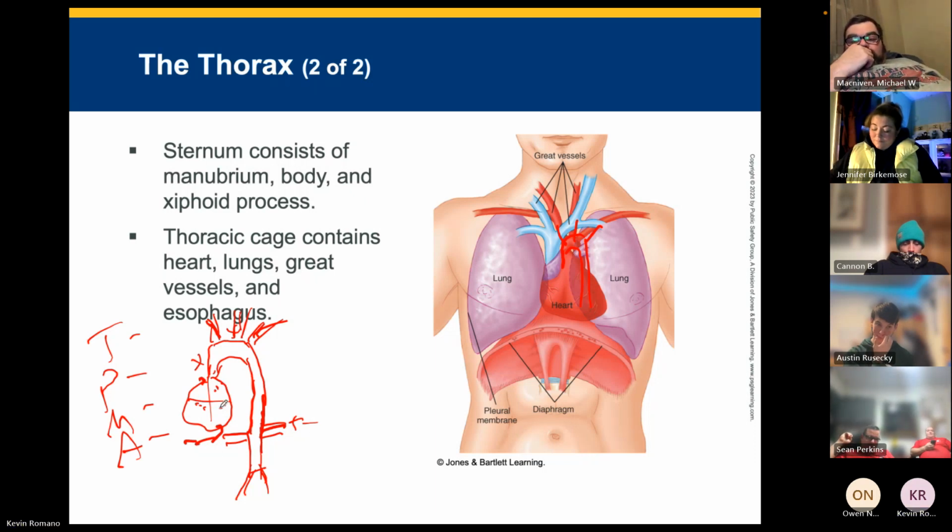We have our pulmonary artery and pulmonary veins coming through here. Remember that pulmonary arteries carry deoxygenated blood, which means that the right side of the heart is deoxygenated blood coming through. Okay. Now, everybody heard of pulmonary embolus before?